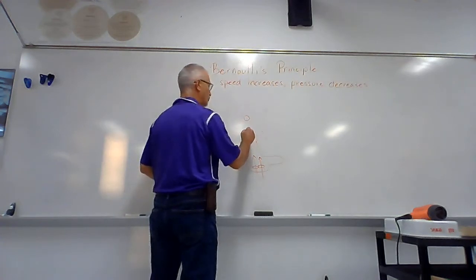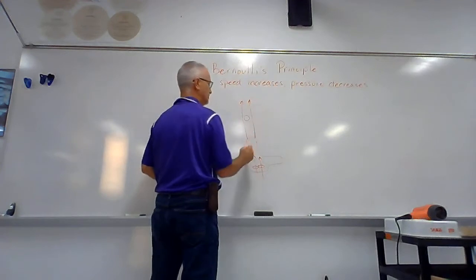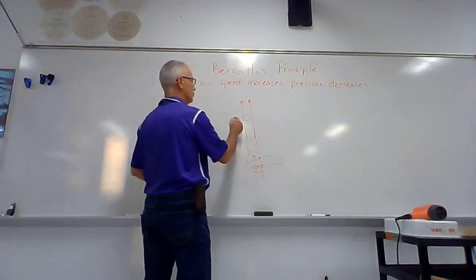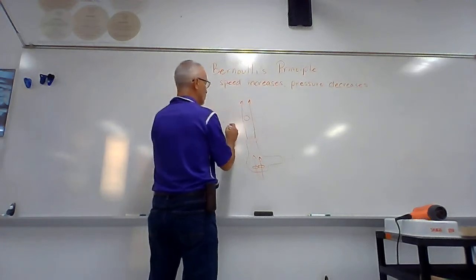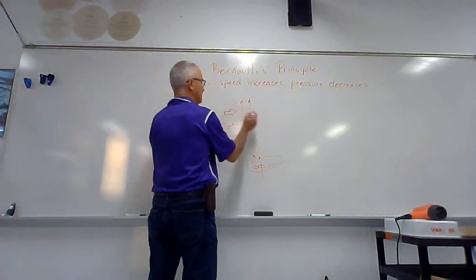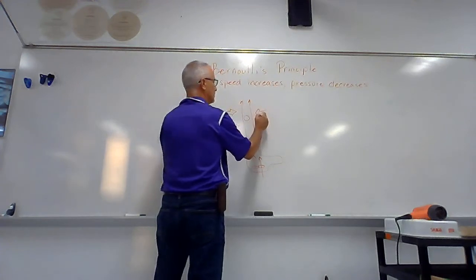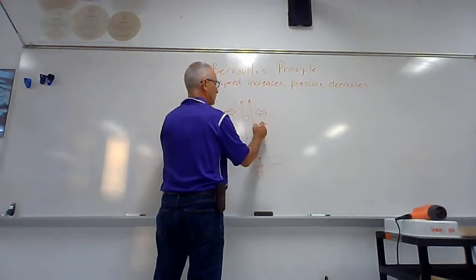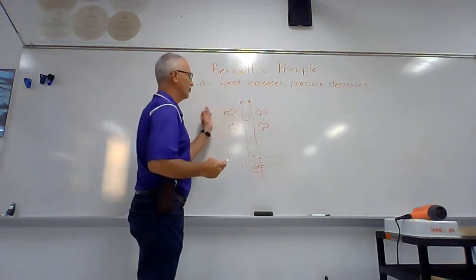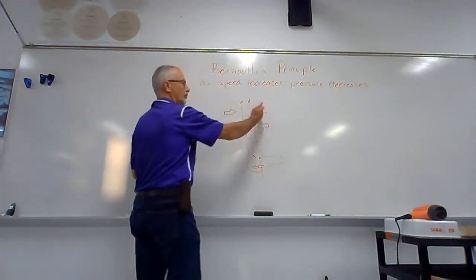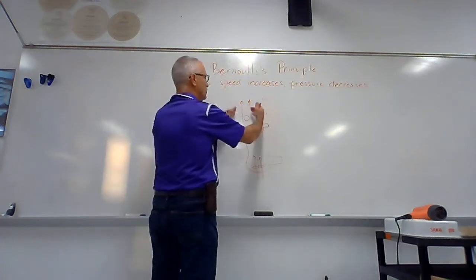Well, the air particles flow, they have a lot of speed here, whereas the particles out here to the side are not moving. So they have a pressure that's pushing inward. And that's what's keeping the ball in place. The ball's not going off either side because the air particles out here are basically pushing and keeping the ball in place.